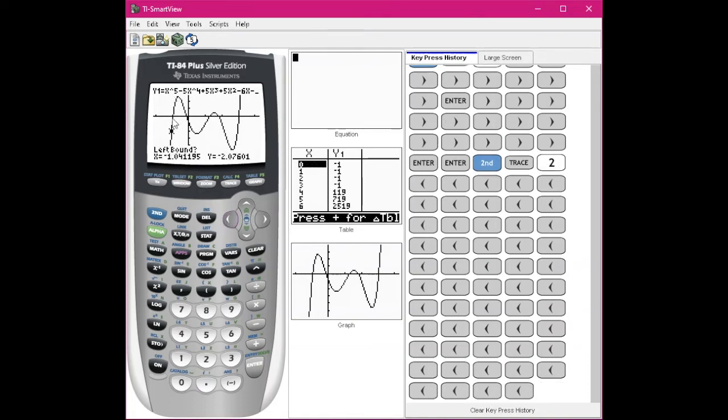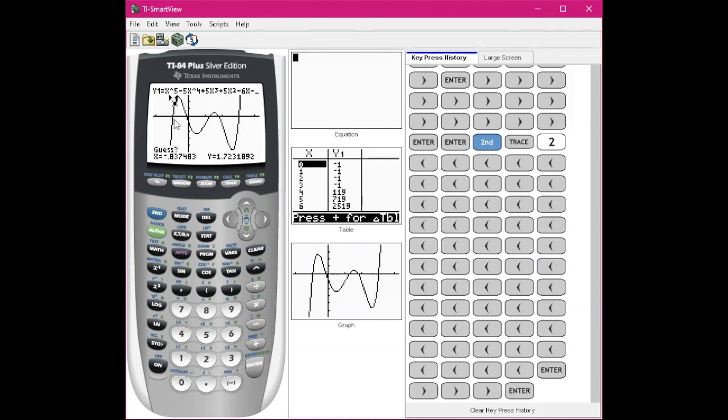All right, so now I'm to the left of my 0 that I'm looking for, so I'm going to press enter. Now it's asking for a right bound, so I'll go to the right. I'm past it to the right, and when they say left and right, I know it looks like up and down, but it's left and right on the x-axis. You're moving from left to right with your x values. So I'm going to press enter. That gives me my goalposts.